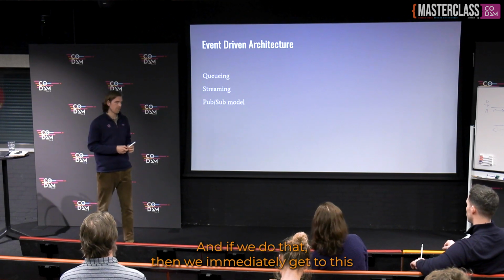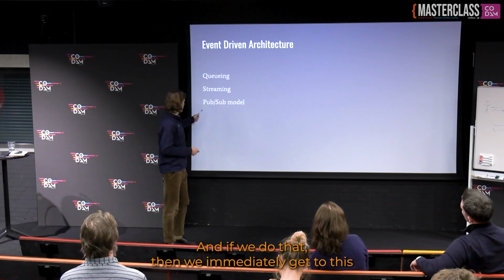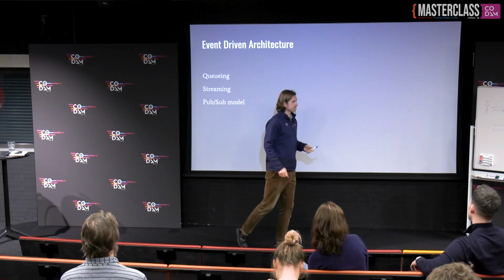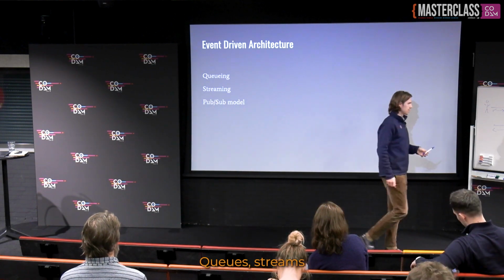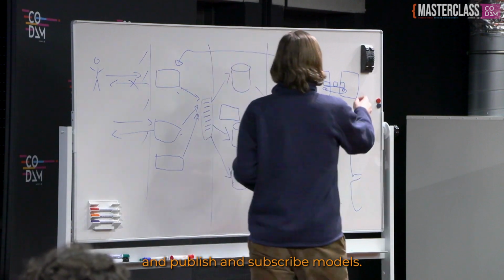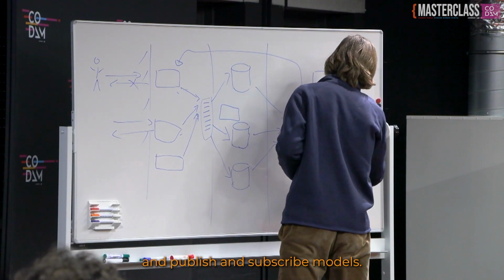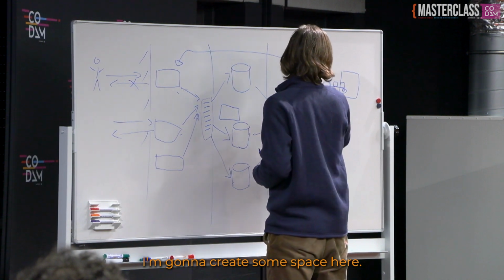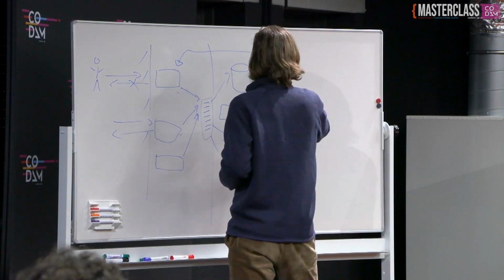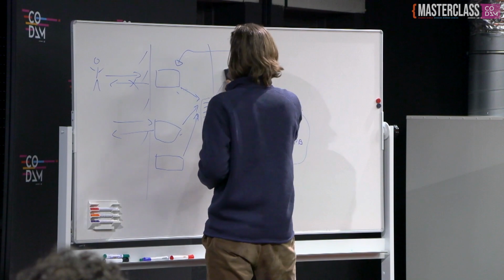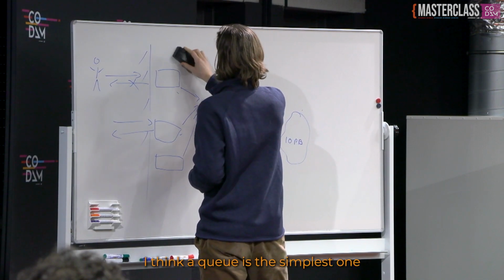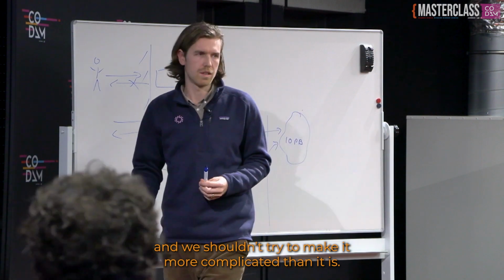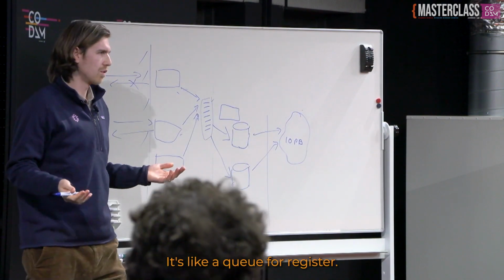If we do that, then we immediately get to these 3 terms: queues, streams, and publish and subscribe models. I'm going to create some space here to draw it out. I think a queue is the simplest one, and we shouldn't try to make it more complicated than it is. It's like a queue for a register.